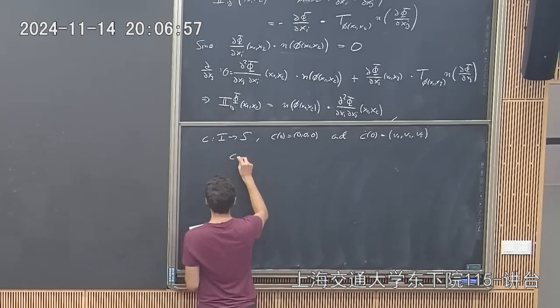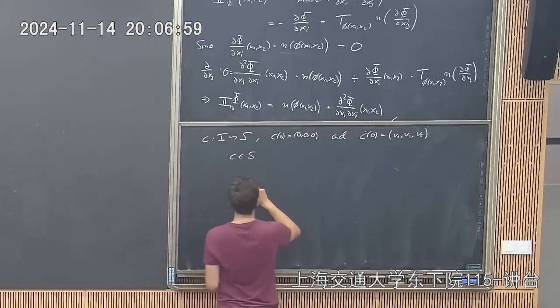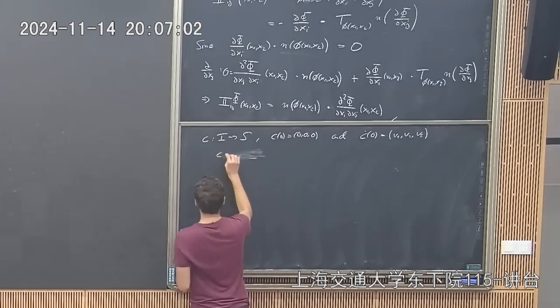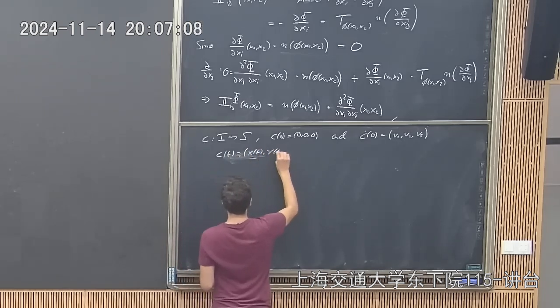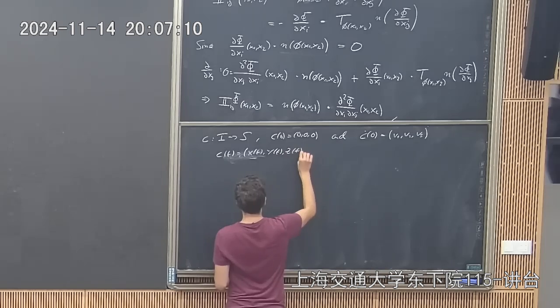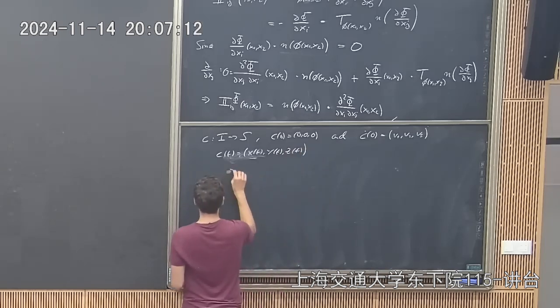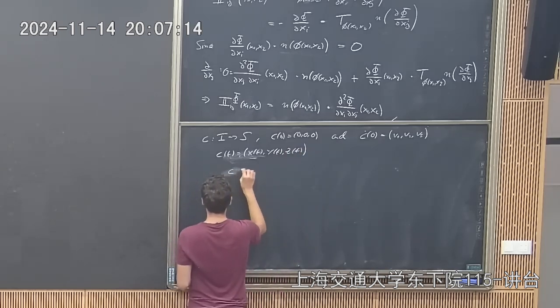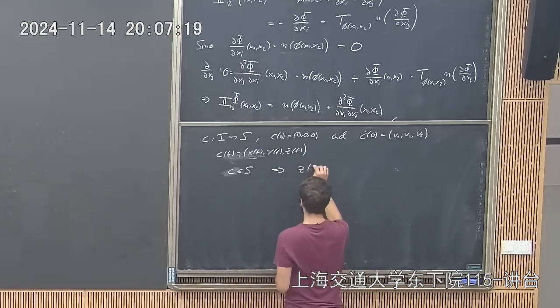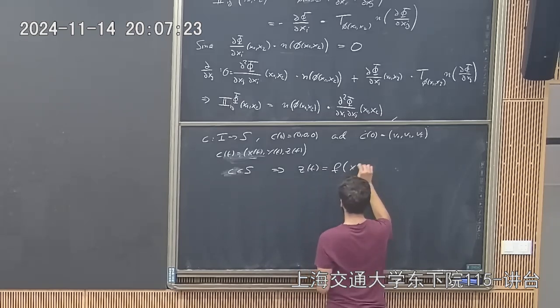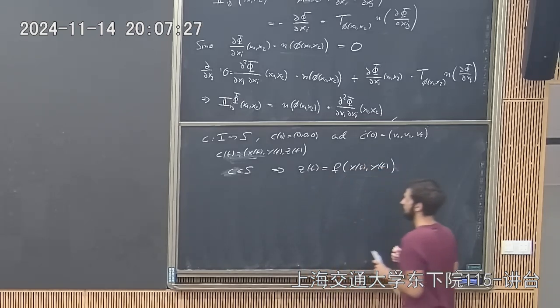Because we require that the curve is in S, we can write c of t as before as (x of t, y of t, z of t). Because c is a curve in S, it follows that the z component can be recovered by the function f as follows.